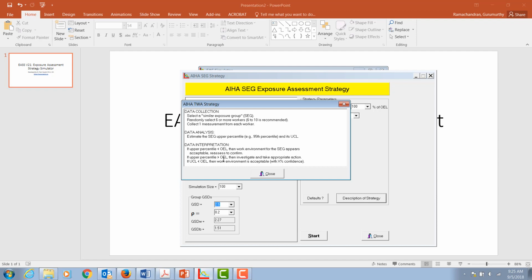If the upper percentile is greater than the OEL, then it is unacceptable, and we need to investigate and take appropriate action. And if the upper confidence limit is less than the OEL, then the work environment is acceptable with X% of confidence.